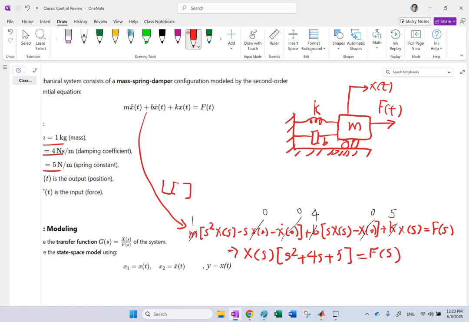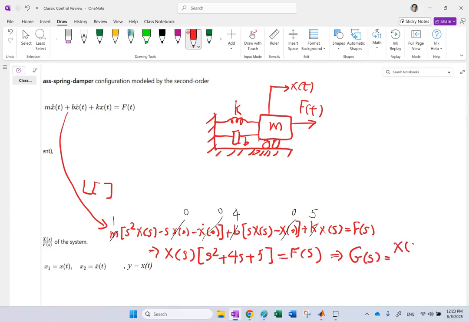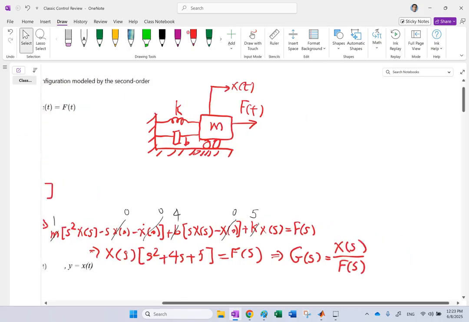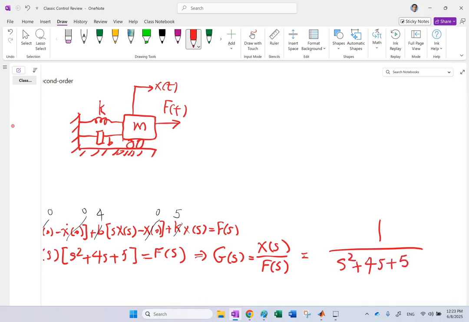So from here, you can divide both sides by F of s and get the transfer function, which is output Laplace over input Laplace, and that is clearly 1 over s squared plus 4s plus 5. So that is my transfer function done.